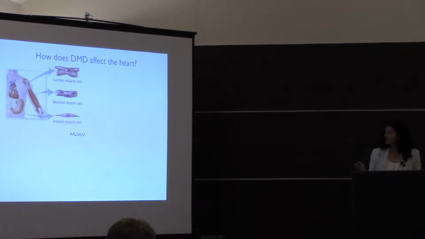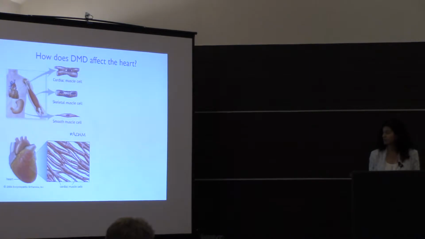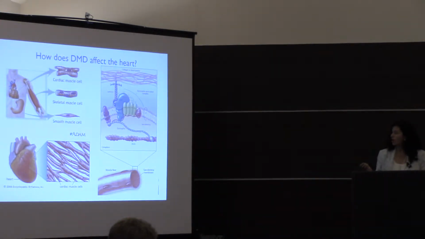Okay. So how does DMD affect the heart? Well, as we've heard, there are 3 different types of muscle in the body: skeletal, cardiac, and smooth muscle. And the different types of muscle are not affected in the same way by the absence of dystrophin. If we zoom in on the heart muscle cells, we see that dystrophin is an important component of the heart muscle contractile apparatus, is probably the most general way to say it.